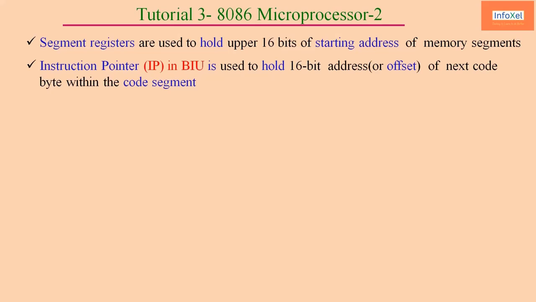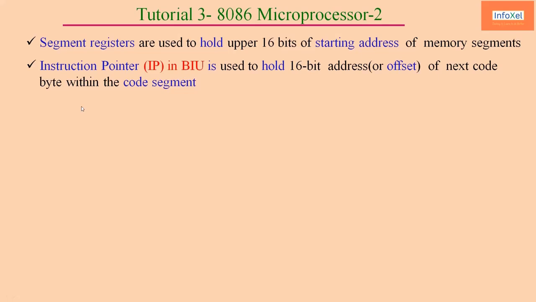Next we will see the instruction pointer, IP. This instruction pointer IP is in the bus interface unit, and it is used to hold a 16-bit address, and this address is called the offset address of the next code byte within the code segment.